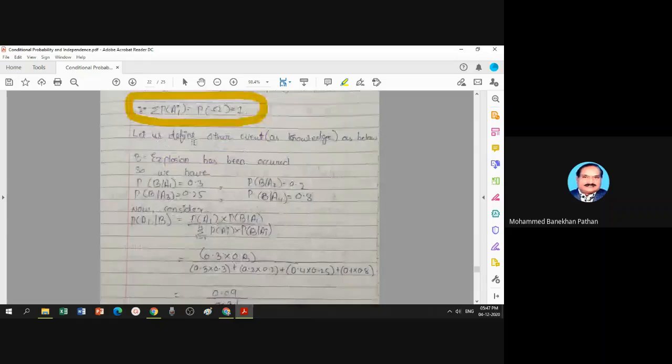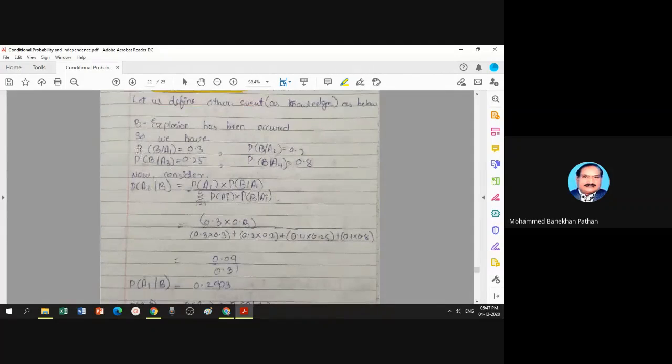Let us define the other event as a knowledge. What knowledge? Explosion has occurred. That is a knowledge to you. So chance of getting explosion due to first cause 0.3. Chance of having explosion due to second cause 0.2. Chance of having explosion due to third cause 0.25.